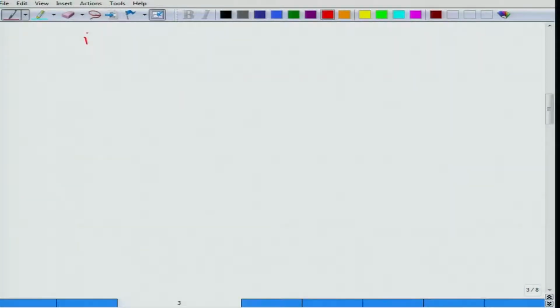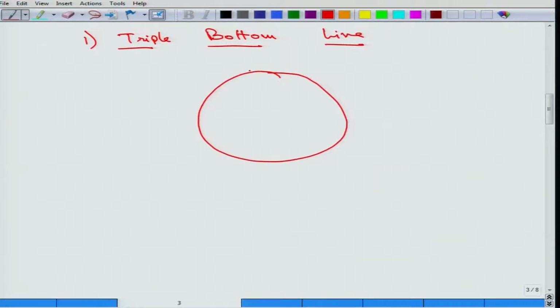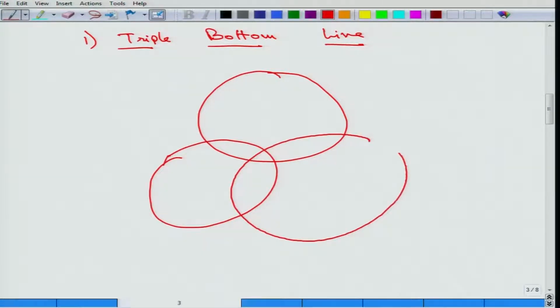I'll start with my first topic here, that is the triple bottom line. What is this term, triple bottom line? I will explain this with the help of Venn diagrams. Now, we have three players in sustainability.